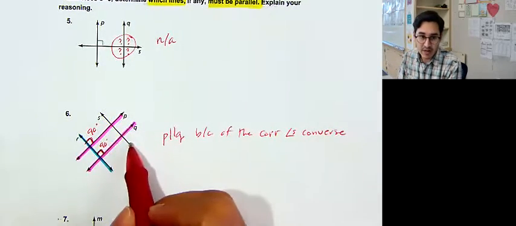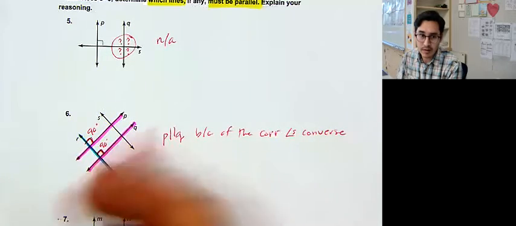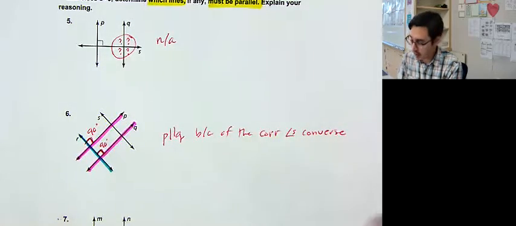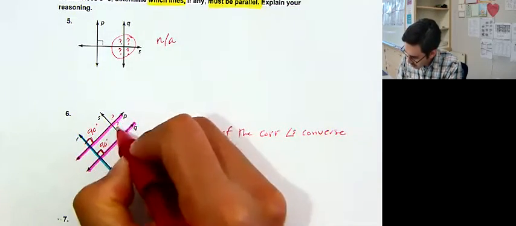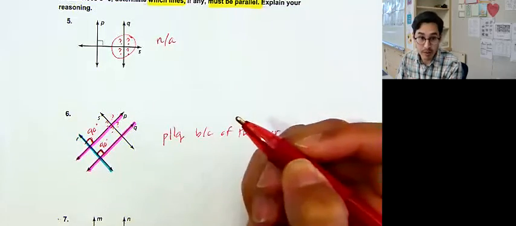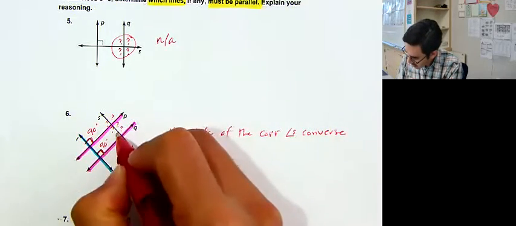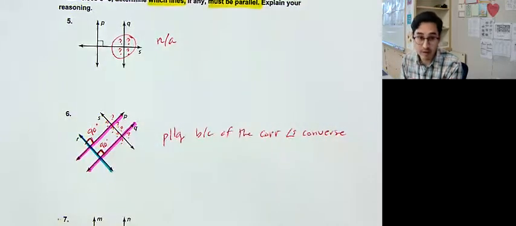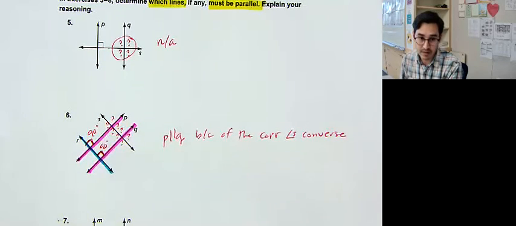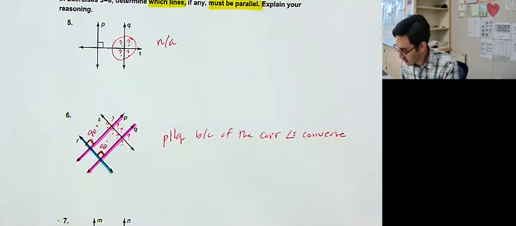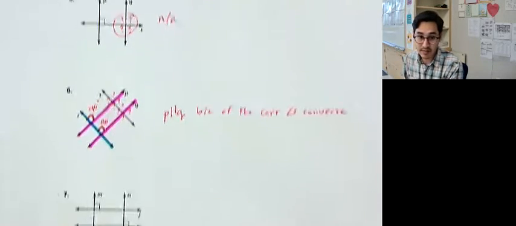Now, can we say that S and R are parallel? Well, again, to the casual observer, they might look like it, but we don't know any of the angle measures at that intersection, and we don't know any of the angle measures at that intersection either. Okay, so there's really nothing we can say about R and S.